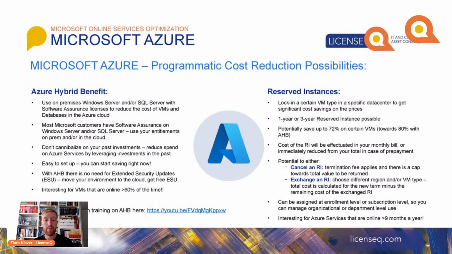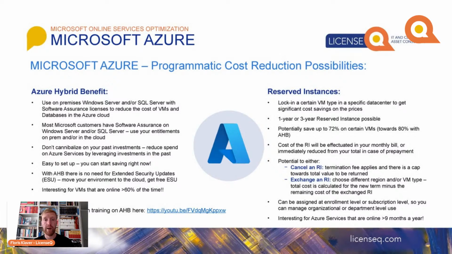So the cost of the RI will be effectuated in your monthly bill or immediately reduced in total from your prepayment if you have done a prepayment for Azure. Like I said, you can cancel or exchange your RIs. Cancel would mean that you terminate it, but a termination fee applies, and there's a cap towards what you can cancel on an annual basis.